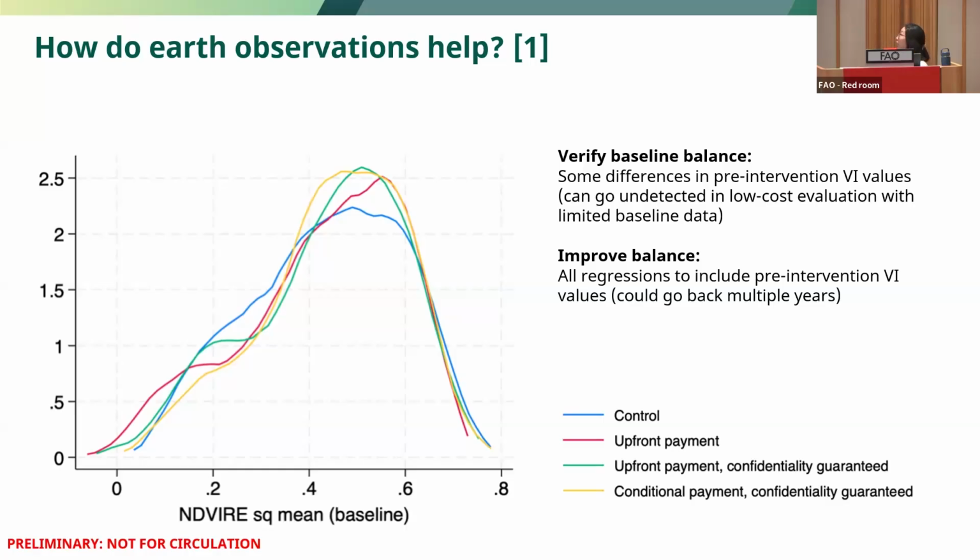As you can see, they are not identical, pretty noisy. By itself, it doesn't invalidate randomization, but it will still affect the treatment impact analysis. So we are controlling for these values. If we add more seasons before the intervention, it might have marginal value add in improving the precision and so forth.